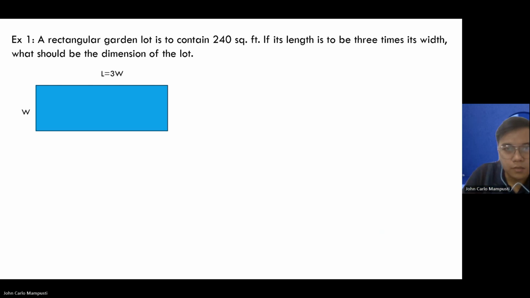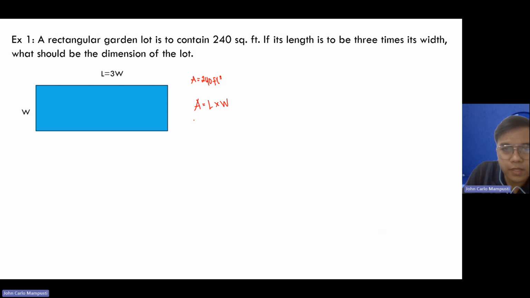Okay. So, let's write the given. So, here we have area equal to 240 square feet. So, yung area ng ating rectangle is length times width, diba? Length times width yan. Okay.